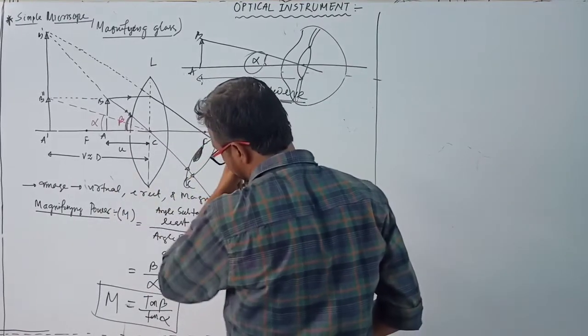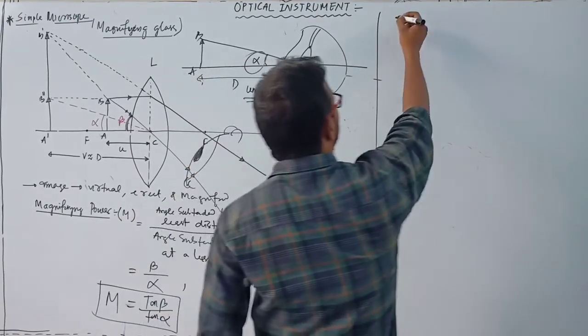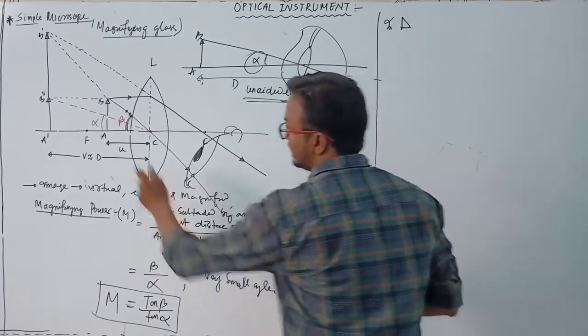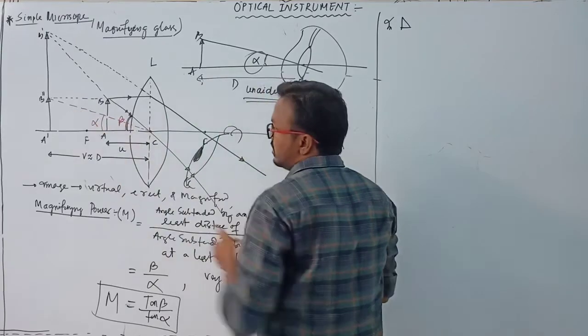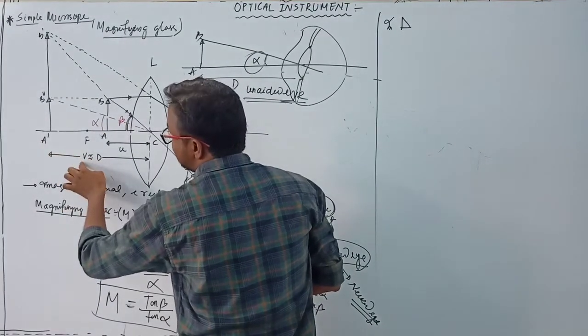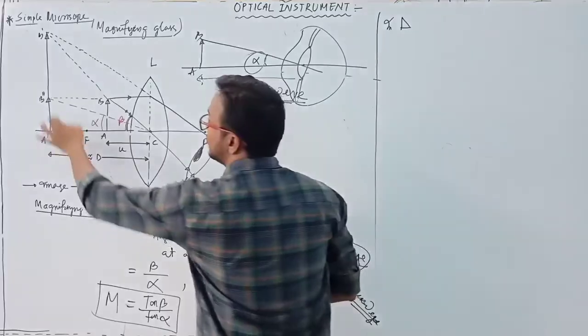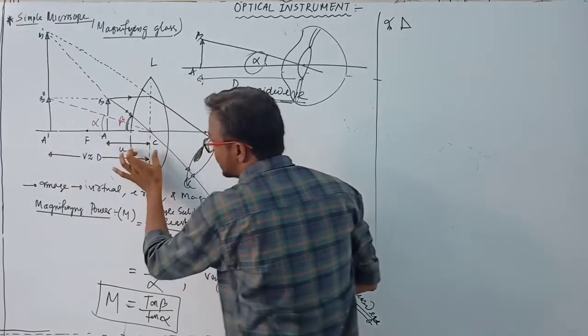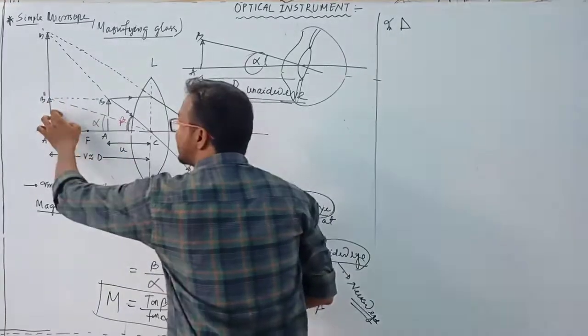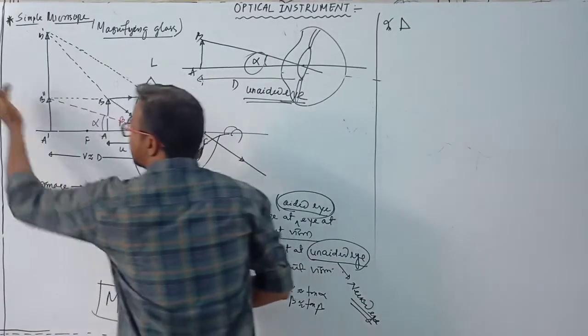Now look at the triangle here. So first tan beta. In the right angle triangle, this angle is beta, because actually this image is not at the distinct vision, but here we place this object by adjusting the lens at the least distance of vision, but the image may form at a far distance.